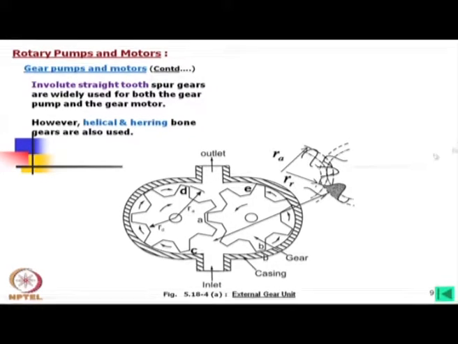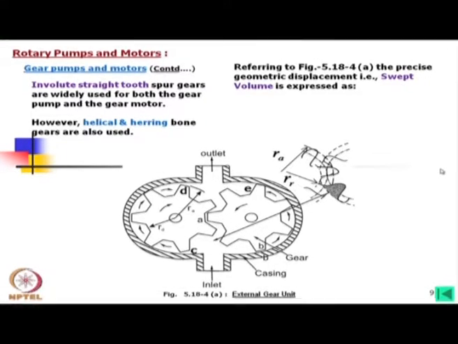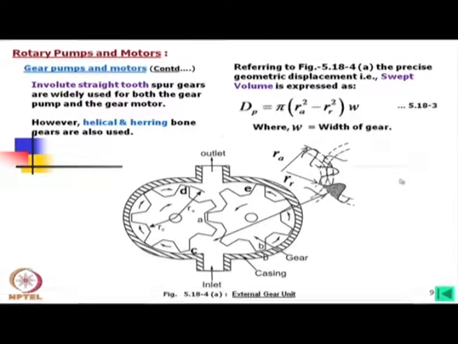Now, how to estimate the area, the swept volume? What we do, we just consider the area here. RA is the radius, if I consider RA is the addendum circle radius. Now, RR is not the addendum circle radius, rather we consider a circle through the tip of the other meshing gear, we consider this circle.